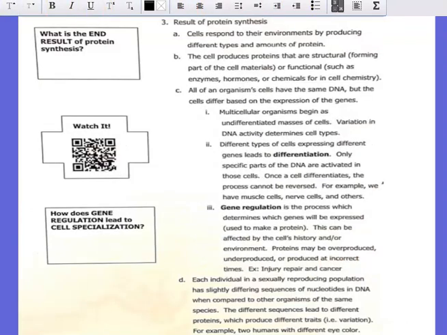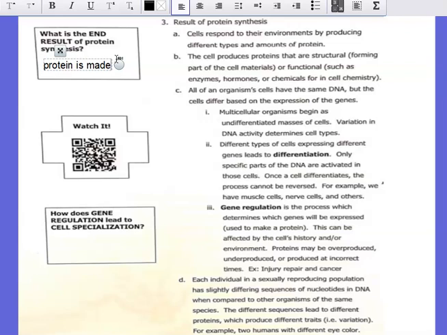Okay. So the result of protein synthesis, literally, it's called protein synthesis because you have a protein at the end. So your protein is made. That is your end result. So all of your cells respond to their environment by making different types and amounts of proteins.